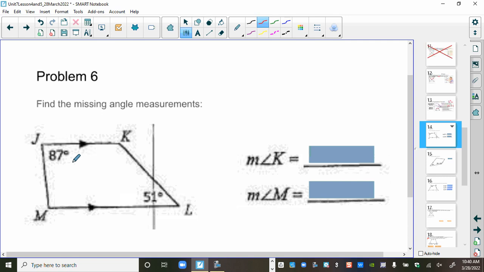Okay, here's what we have going on. Up and down. So something plus something is 180. And then whatever's here plus this guy will also be 180. So we're going up and down.